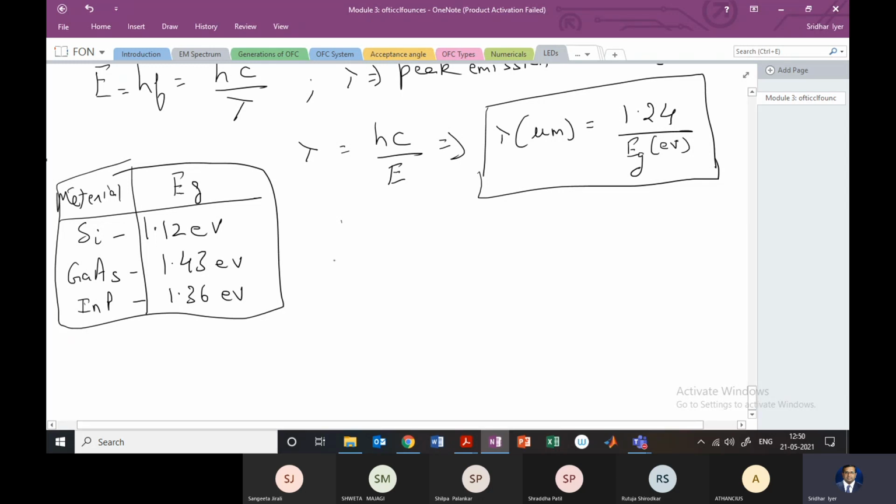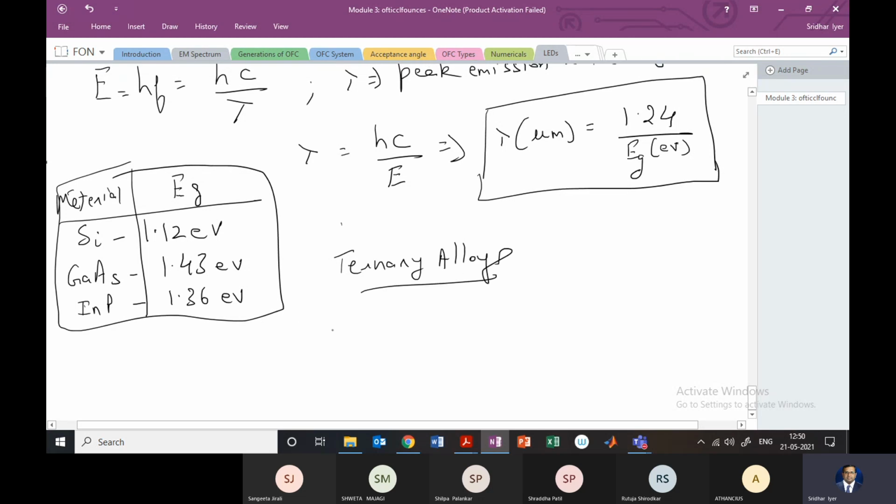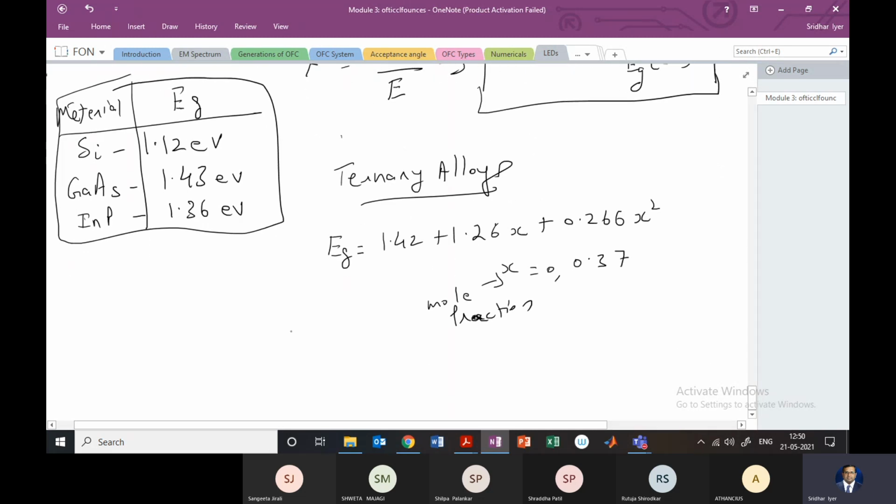Just to give you an example, we can have ternary alloys, and this will have Eg as 1.42 plus 1.26x plus 0.266x squared, and here x is between 0 and 0.37. This is known as the mole fraction, so how much amount we are adding is specified by the x.